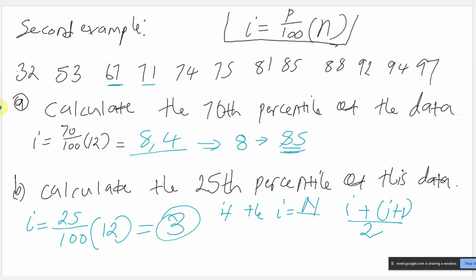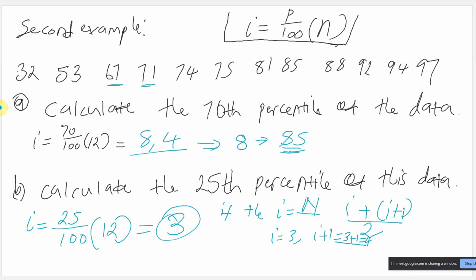So what does that mean? In our case, my i is equal to 3, and i plus 1 is 3 plus 1, which is equal to 4. So the number I find in this position, I add it with this one and divide by 2.